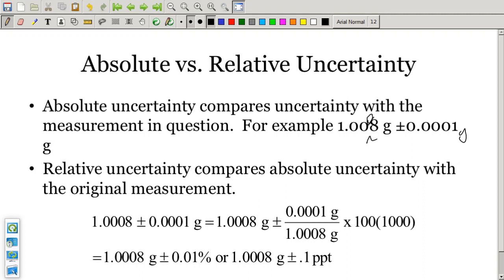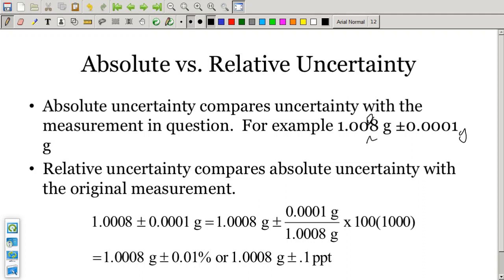A relative error is one where you take the absolute error and you divide it by the value that you're measuring. So if we were to take the same measurement and calculate the relative error, what we would do is take the absolute error divided by the measurement that's made, and then sometimes we multiply by 100 or sometimes we multiply by 1,000 depending on the magnitude of the error. Okay, so in this particular case, we would get 0.01% or 0.1 parts per thousand.